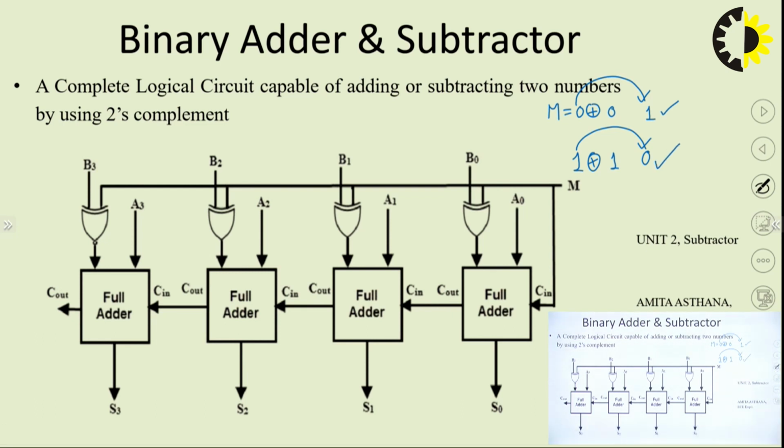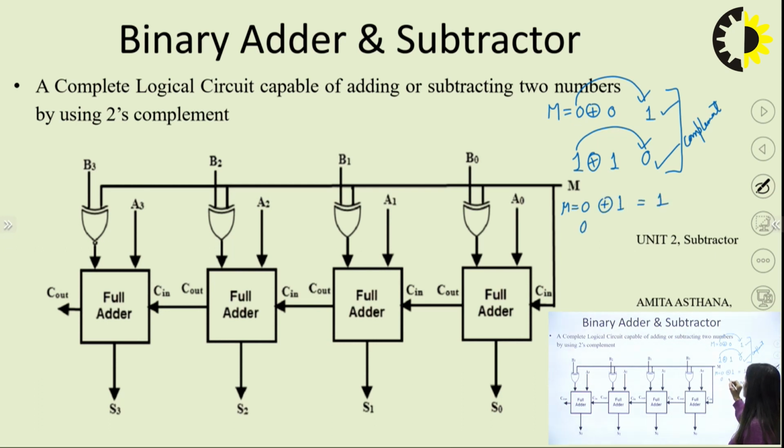So I will take, if my m is equal to 0, then XOR of 1 is 1.